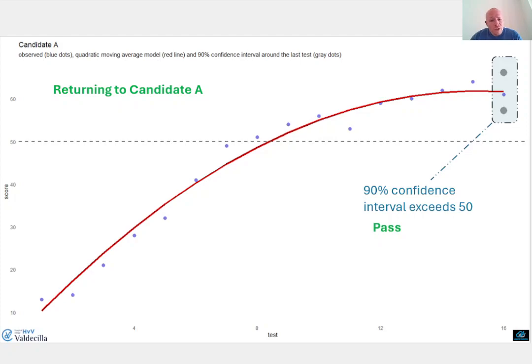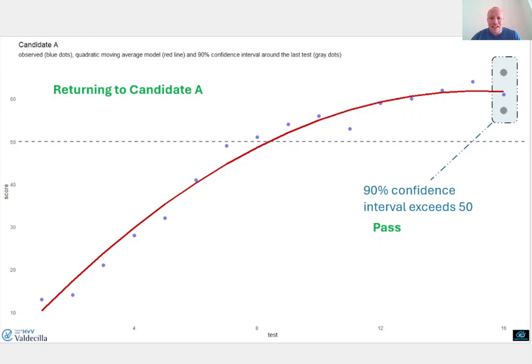In a few earlier videos on my channel, I discussed the concept of sequential testing or sequential assessment and explained that candidates who are clearly above or clearly below the expected level should not need to participate in all assessment activities because we can reach the conclusion that their competence is clearly above or clearly below the expected level with fewer assessment resources than is the case for candidates whose level of competence is closer to the expected level.